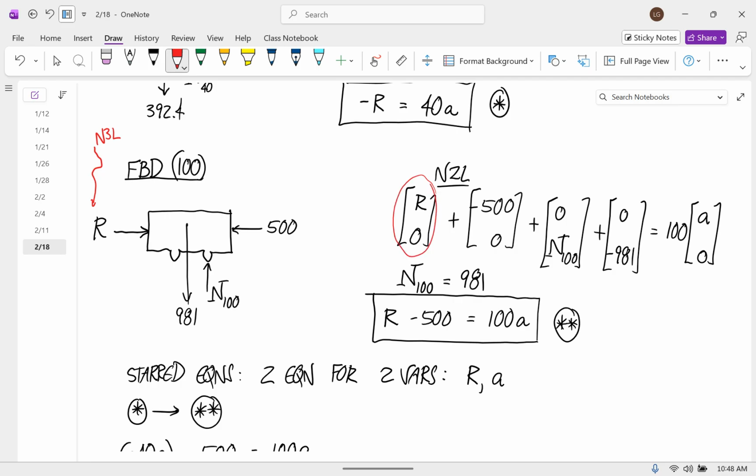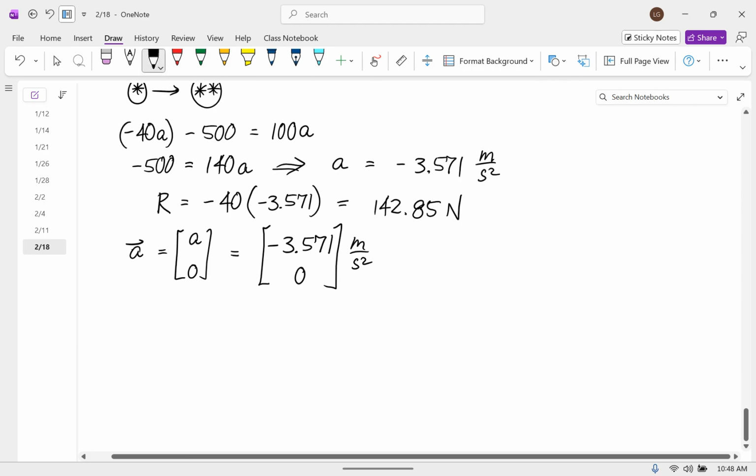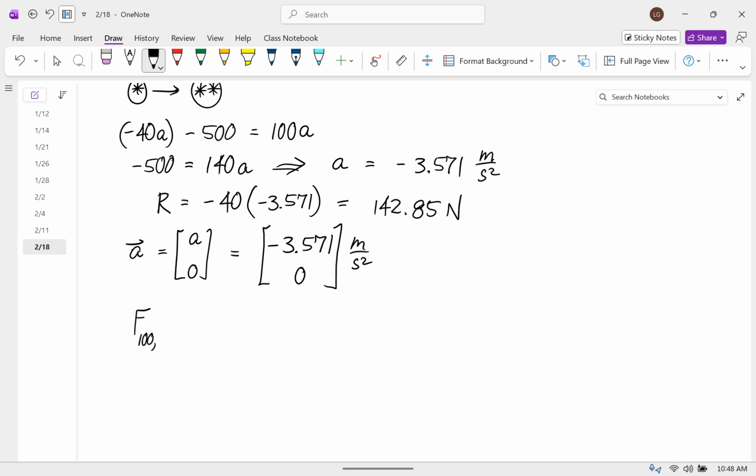And this is the force vector we want. And so the force on the 100 by the 40 is equal to 142.850.